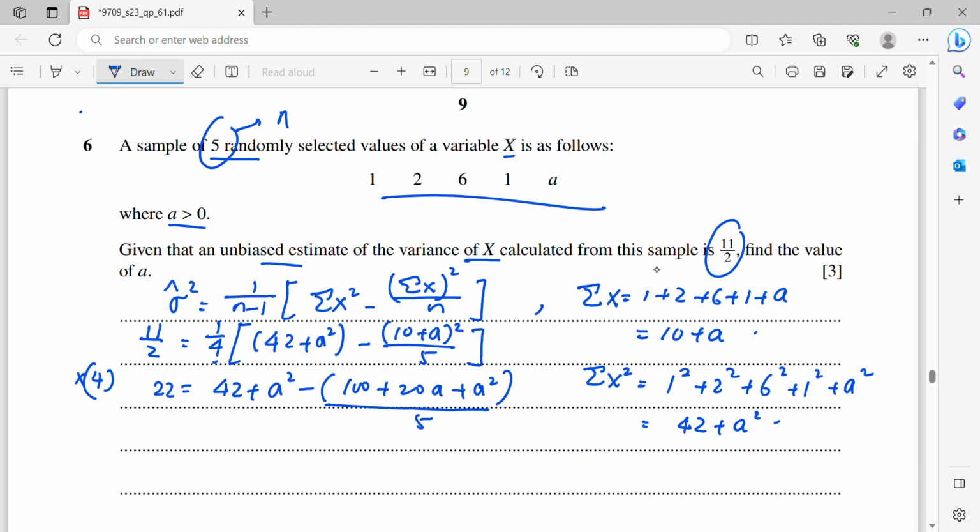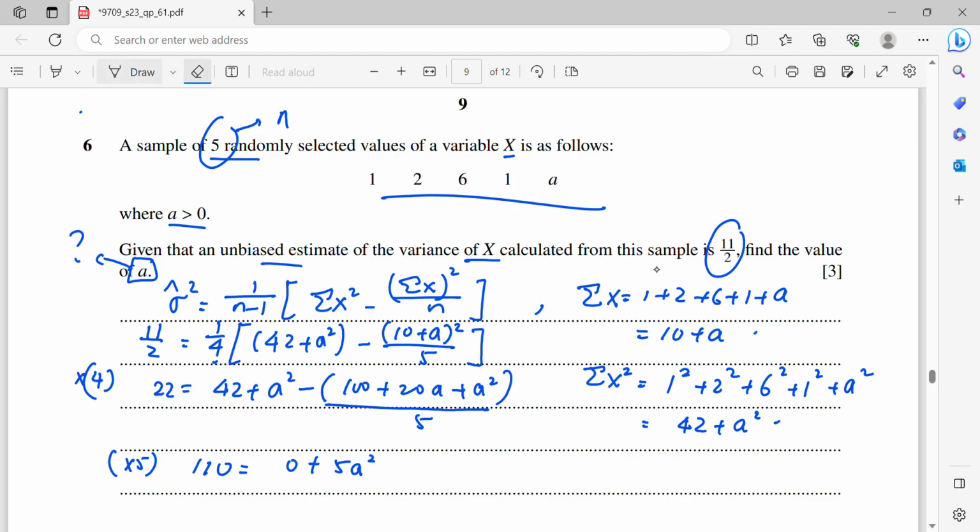Okay, remember we need to find the a. Now you have a fraction. You have the denominator of 5. So I will times 5 to the whole equation. So 5 times 22 will be 110. 5 times 42 will be 210. Then 5 times a squared will be 5a squared.